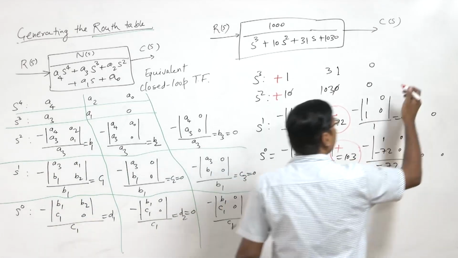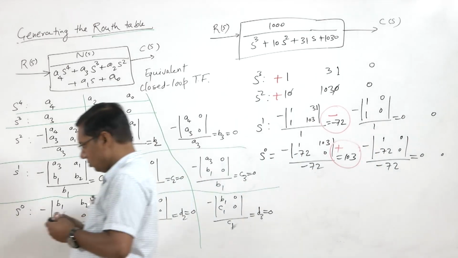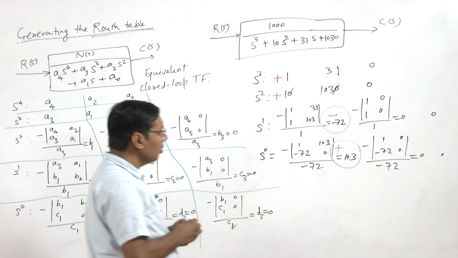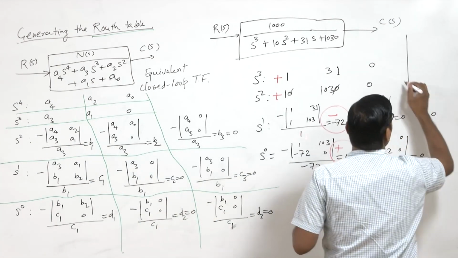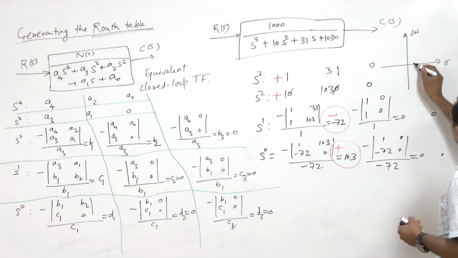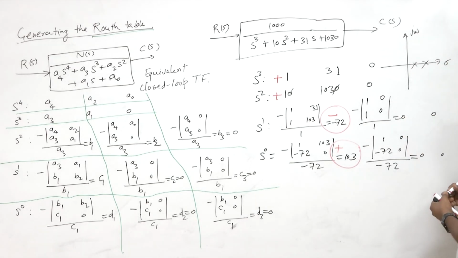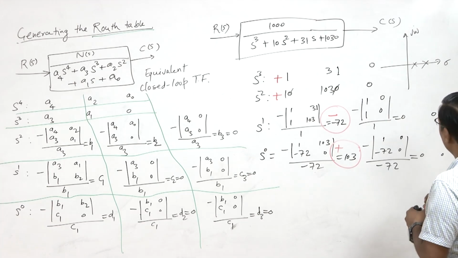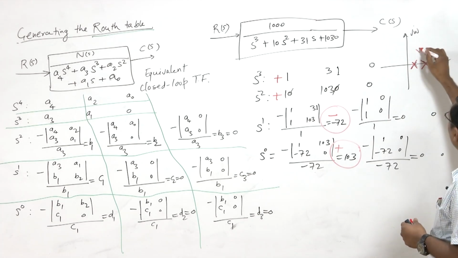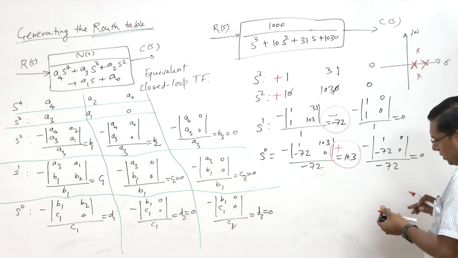When we plot this pole on the sigma j omega plane, two poles are here, either this way or this way, whatever is applicable.